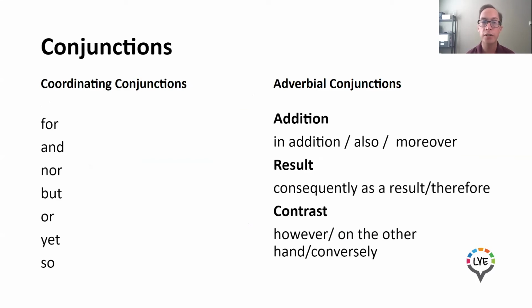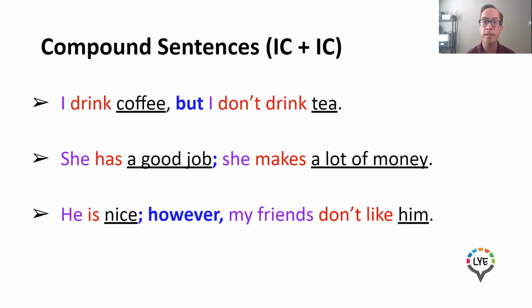So the coordinating conjunctions on the left are combined by using a comma and then the conjunction. The adverbial conjunctions are typically used with a semicolon, an adverbial conjunction, and a comma, which we can see in this previous slide in the example, however.